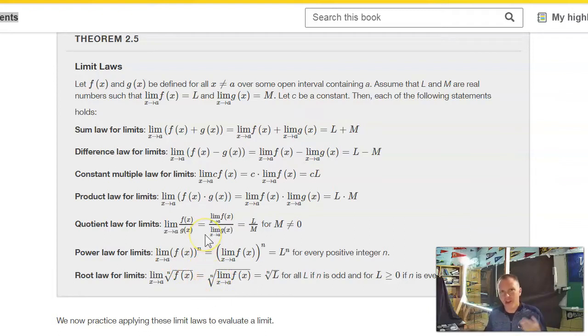And if you think about where that comes from, raising a function to a power is multiplying that function by itself n times. So what you're really doing there is using the product law n times. And then the square root law for limits, the limit of a radical of a function is the radical of the limit. So those are the limit laws.